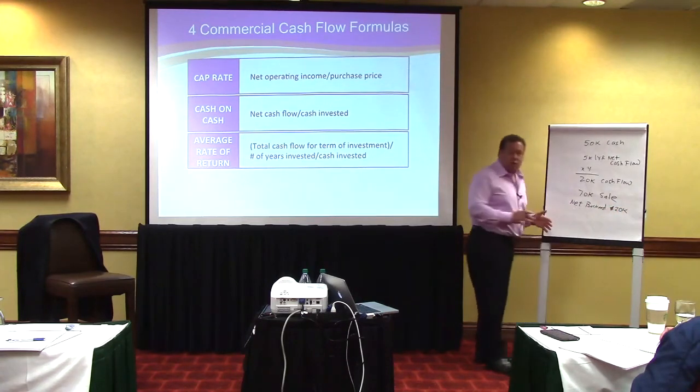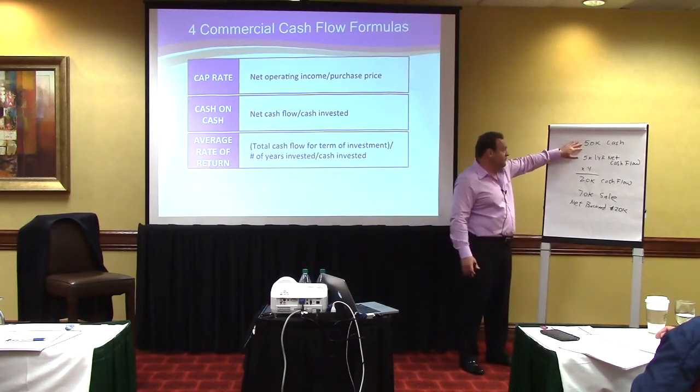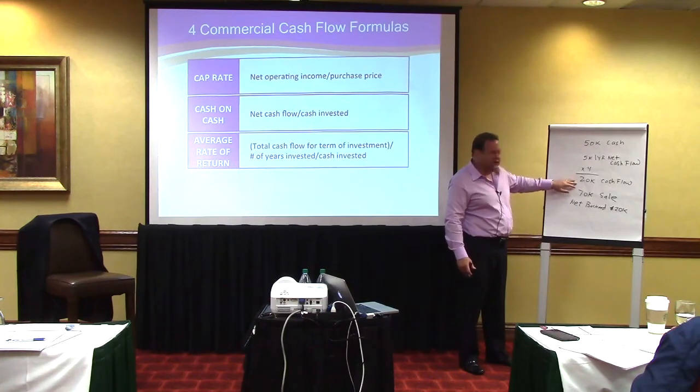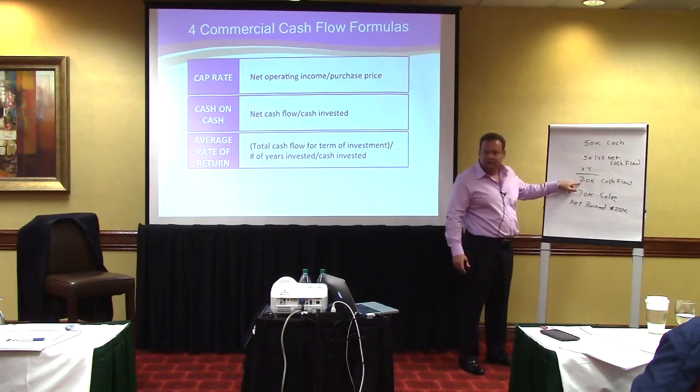So all in all, what do we have here? Well, you put 50 up and you got $5,000 a year. So what was your annual return on your money? 5 divided by 50 is 10%, right? But after 4 years, you got another 20 grand. So over 4 years, you got 20 plus 20, which is 40.